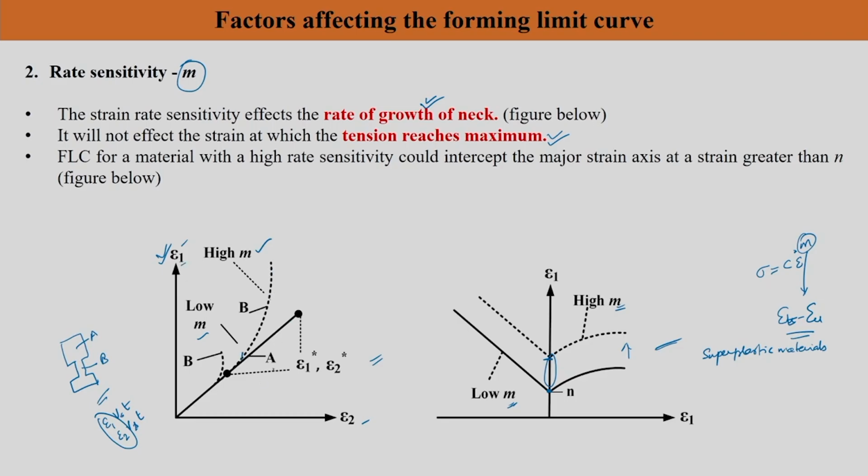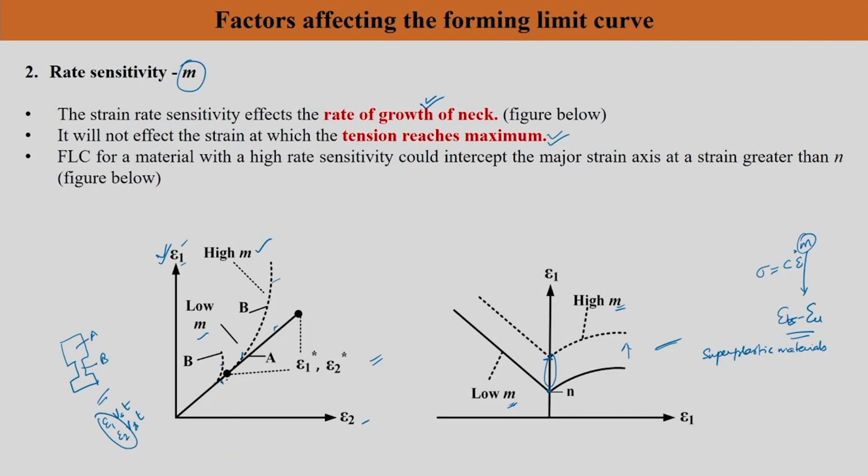You will see that this A region will try to grow in the same direction, whereas in the B region there is unstable growth in the limit strain. Naturally this indicates that B is the source of neck. At the same time, you will see a lower m value material. So lower m value material means this one B, and you will see this A.